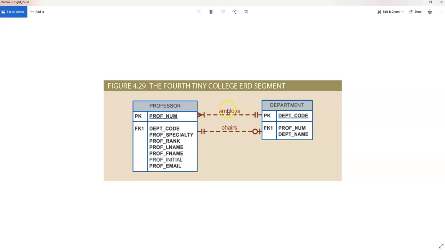So that's 2 different relationships. This is the employees. This is like, hey, I'm in this department, and this all has to do with chairing the department. Those are 2 different relationships, but it's the same 2 entities, 2 binary degree relationships with different cardinalities. You could have even more relationships than that, but those are 2 right there. So there's no rule that says you can only have one relationship between any 2 entities.